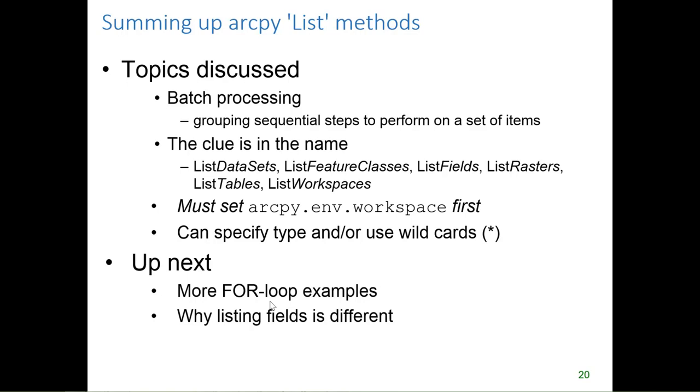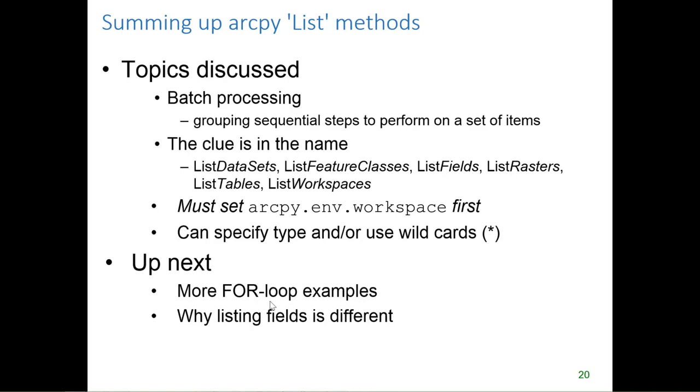So in this slide set, we discussed batch geoprocessing, or batch processing, and that's grouping sequential steps to perform on a set of items, which could be your puppies, your files, your records, and so forth. The list methods in ArcPy are named to describe what they do: ListDatasets, ListFeatureClasses, ListFields.